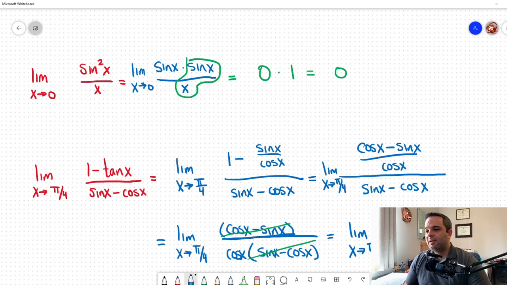So now I have this, which is continuous at pi over 4. If we substitute in pi over 4, we get negative 1 over square root of 2 over 2, which is just going to be negative square root of 2. So that would give me my answer.